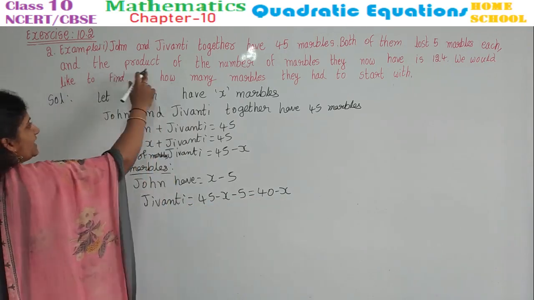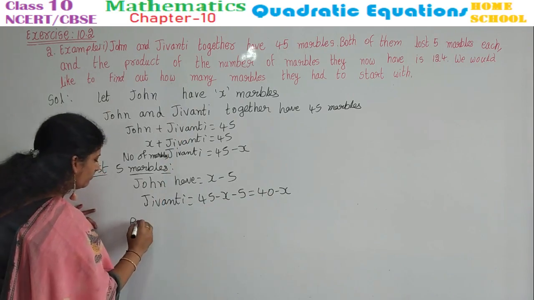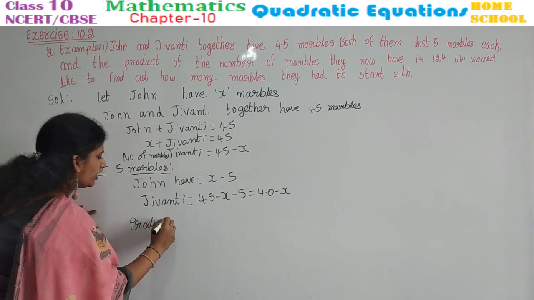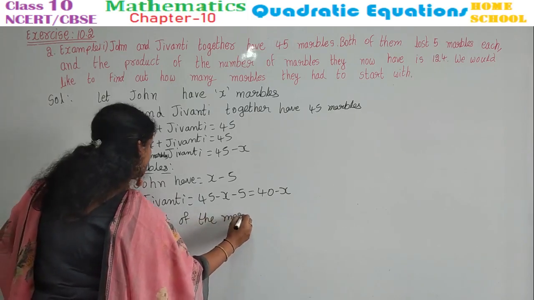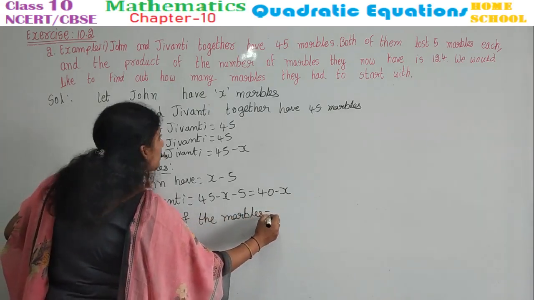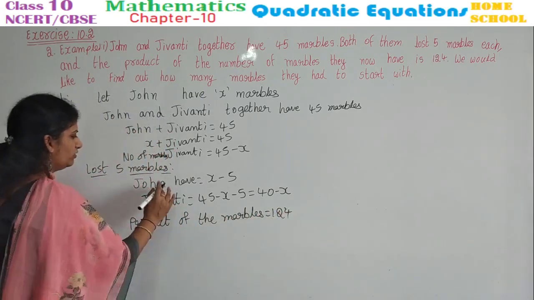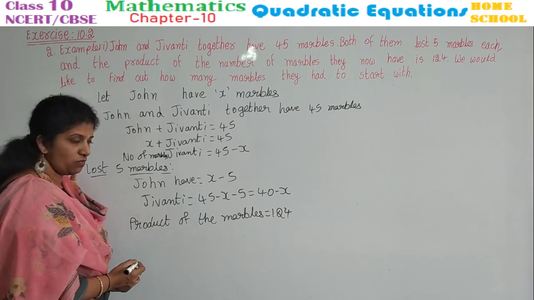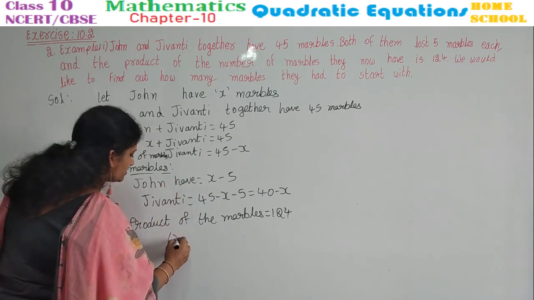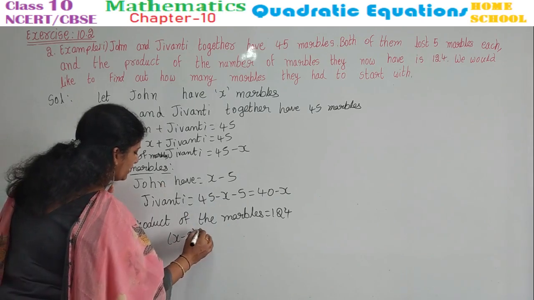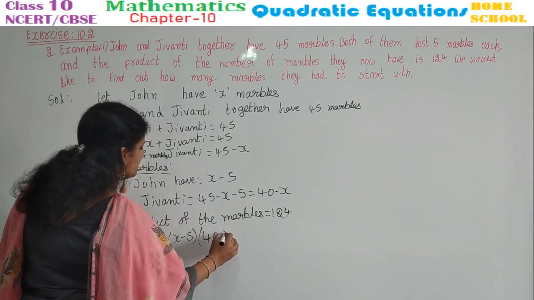And your next statement, product of the marbles is equal to 124. Product of the marbles means what? John and Jeevanti, both the marbles. John had x minus 5 marbles and Jeevanti had 40 minus x.